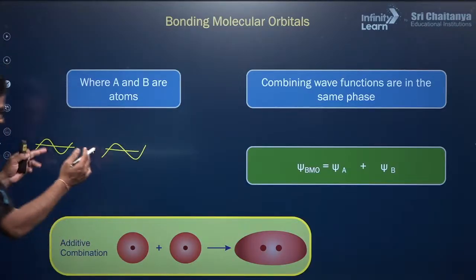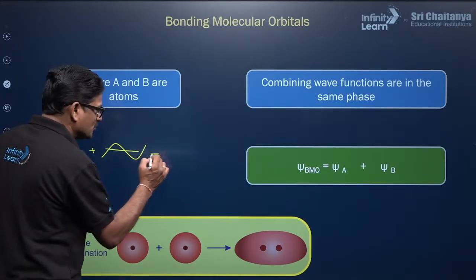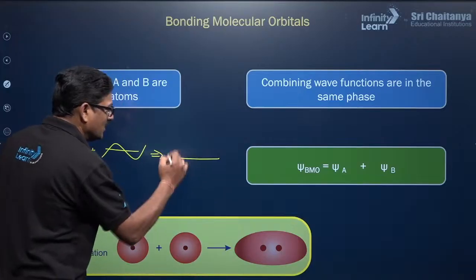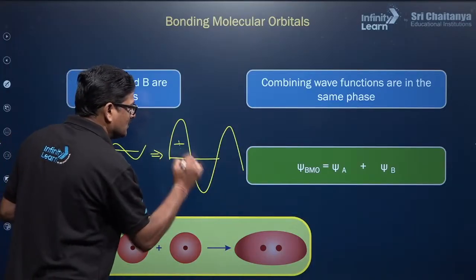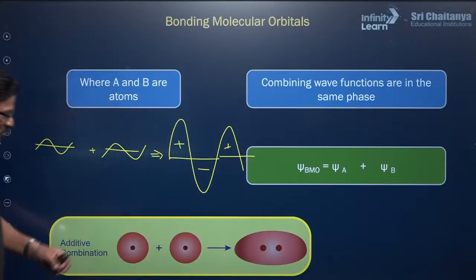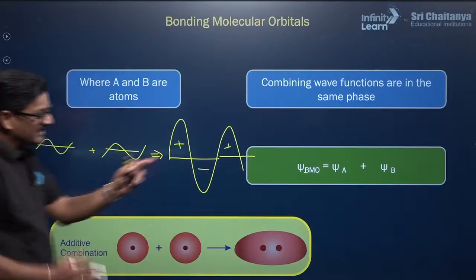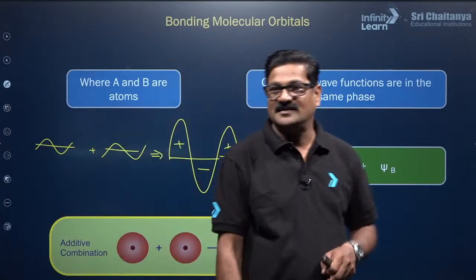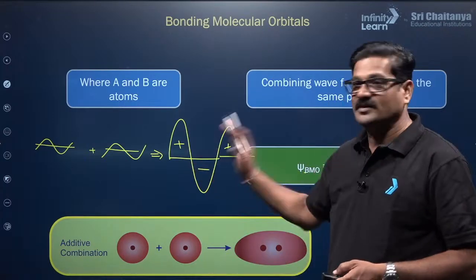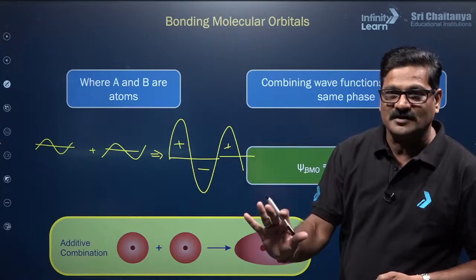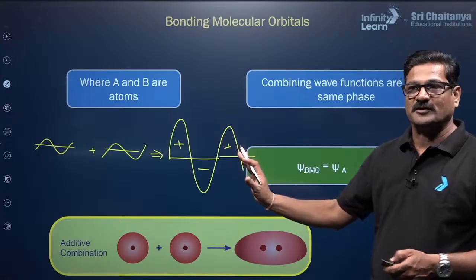These two are going to be added, so that you see a bigger wave. It goes like this. So this gives you the bonding molecular orbital, psi A plus psi B. This is called constructive interference. Constructive interference gives you the bonding molecular orbital.